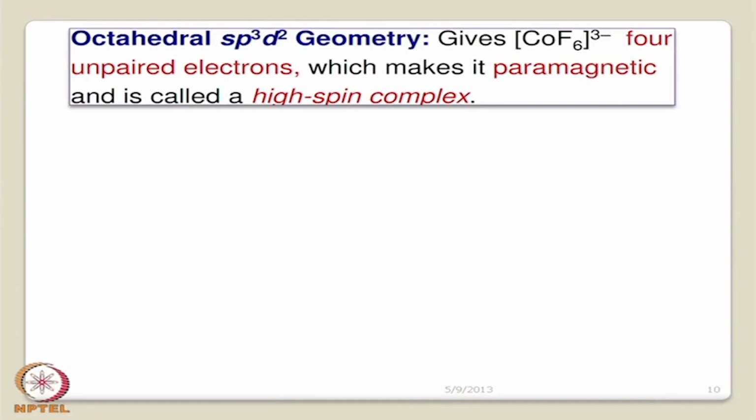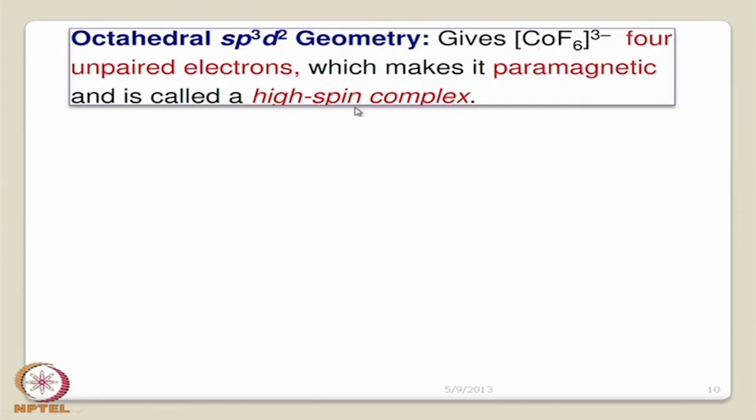So both of these are possible, and the other one is sp3d2 hybridization, which can give the corresponding cobalt compound, hexafluorocobaltate, having 4 unpaired electrons, because all the d levels are now available for cobalt(III) for accommodating the electrons, which makes it paramagnetic, and it is called a high spin compound. Because cobalt can have 2 electronic configurations, one low spin, another high spin.